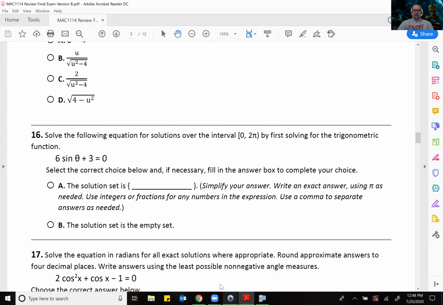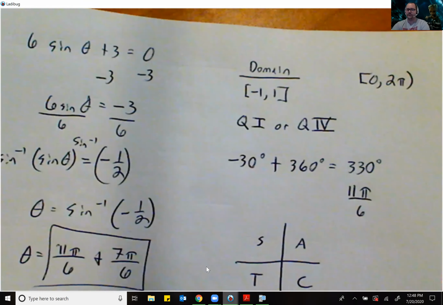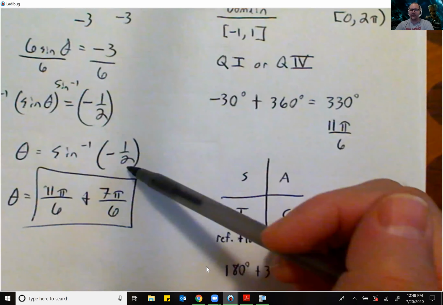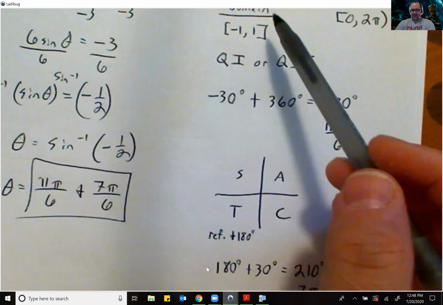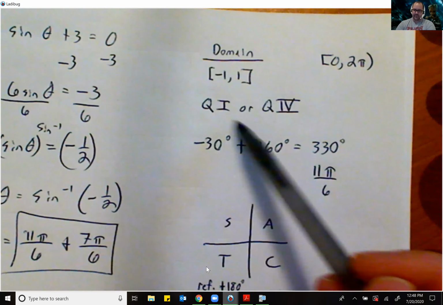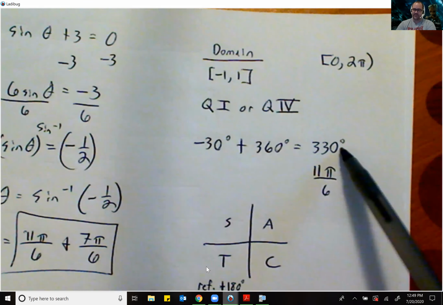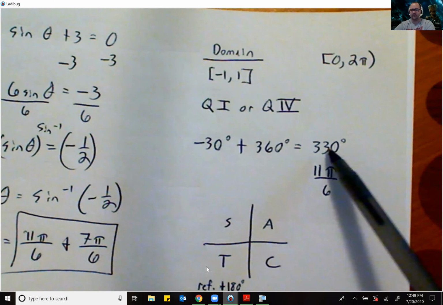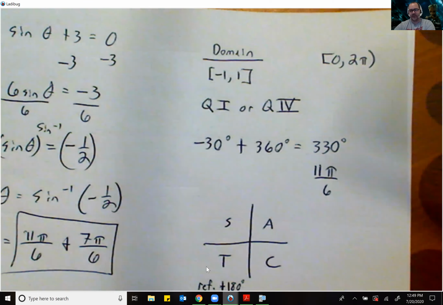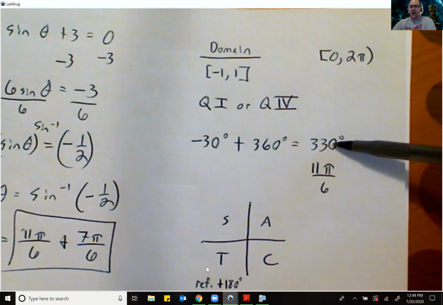Okay? So real quick, how do we do that? First we solved, and I used my calculator to find that first angle. My calculator kicked out a negative angle, so I had to make it coterminal. So I added 360 to it, and there's my first angle in quadrant 4. But I had to turn it into radians, and that's what I did right there. I multiplied by pi over 180.